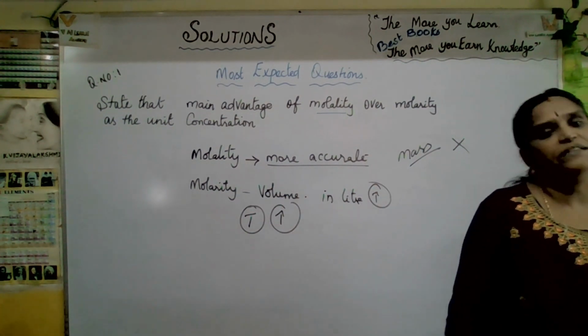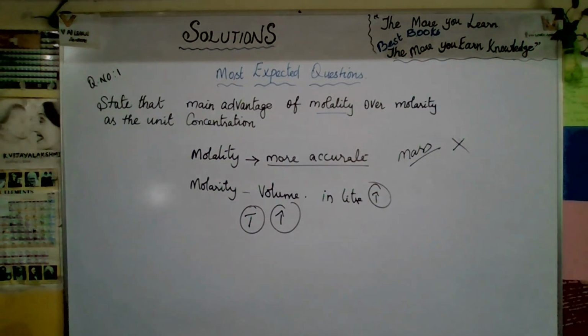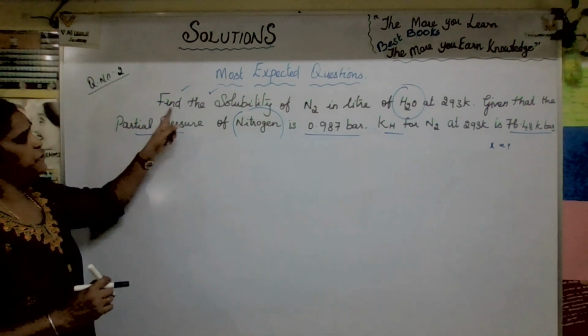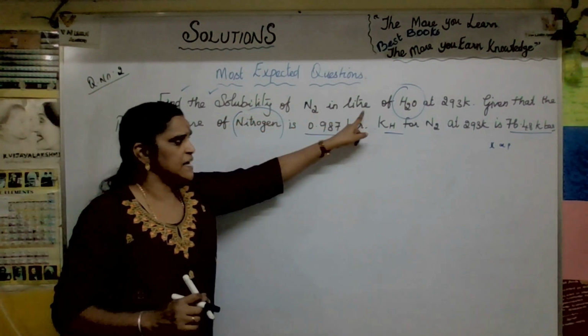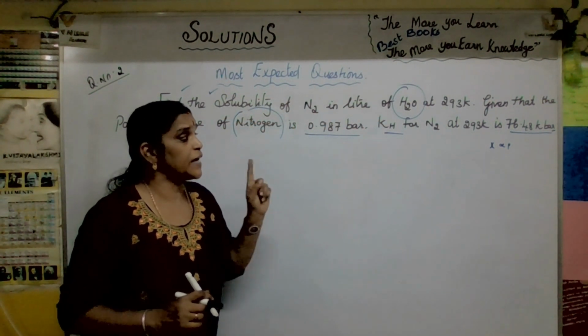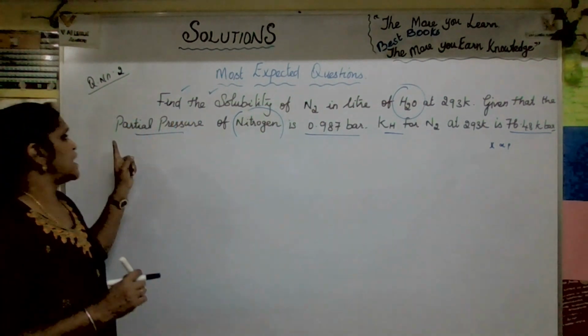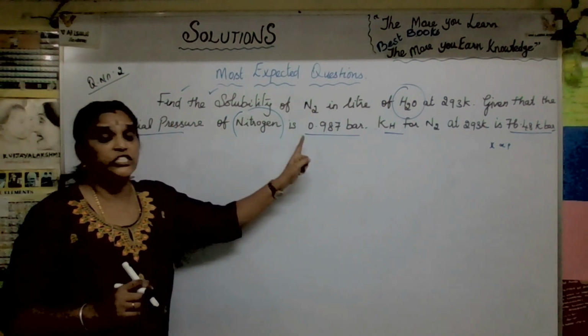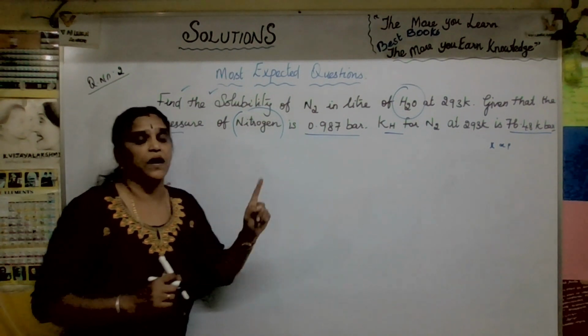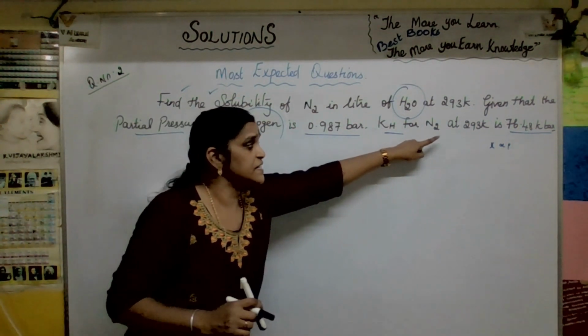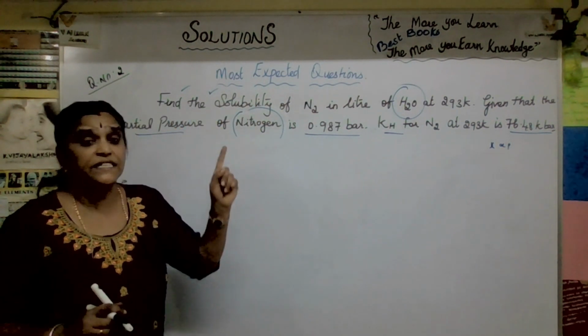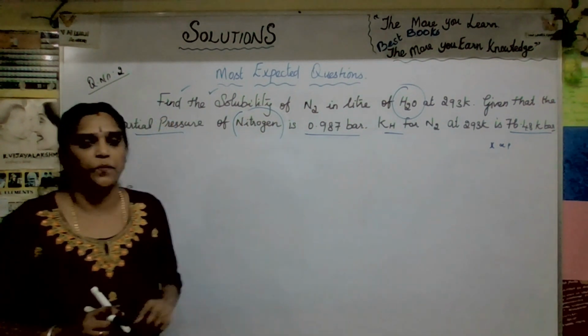Okay, come on, check some other question. Now the next question: find the solubility of nitrogen in a liter of water at 293 Kelvin, given that the partial pressure of nitrogen is 0.987 bar. KH for nitrogen at 293 Kelvin is 76.48 kilobar.